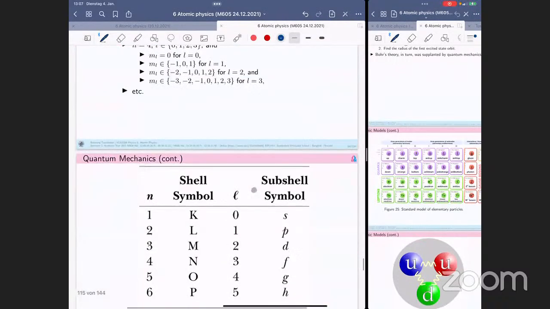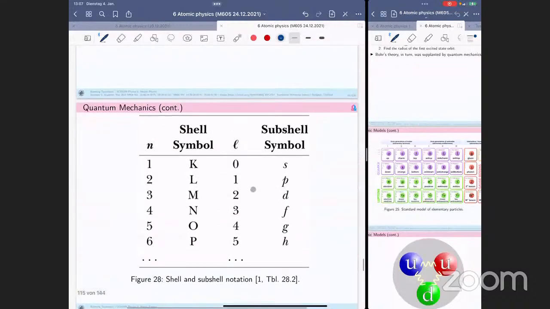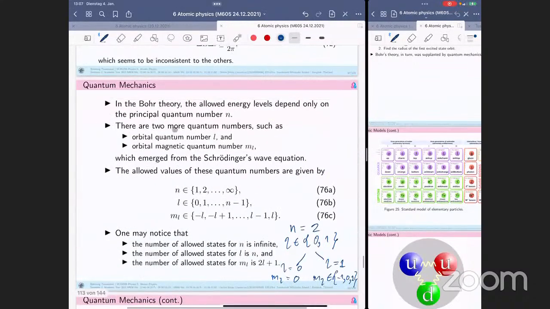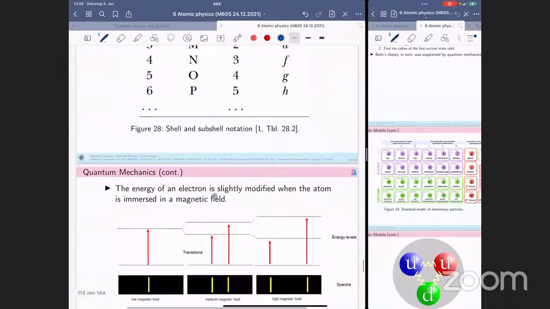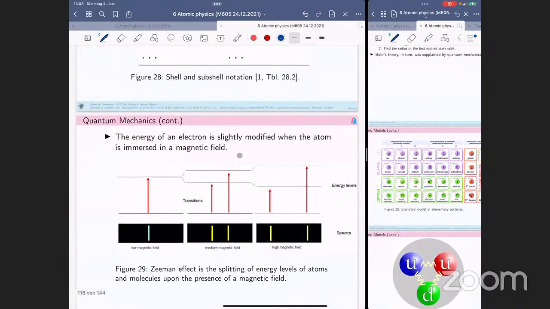And one more thing is that you may already see that not only the principal quantum number n we have, there are also 2 more quantum numbers. The second one is the orbital quantum number L, and the orbital magnetic quantum number ML. But once we reach a certain state of theoretical physics experiments, a group of researchers have found this experiment.